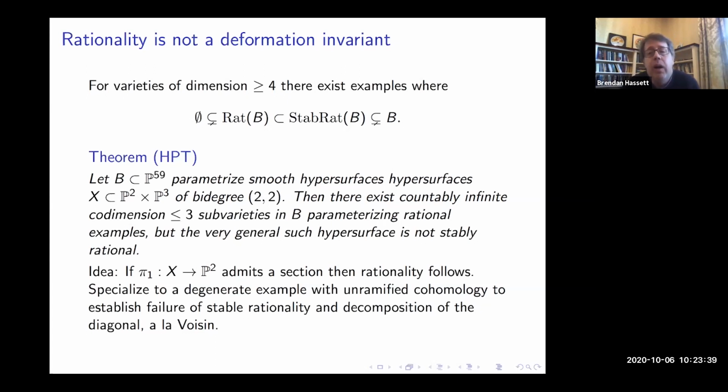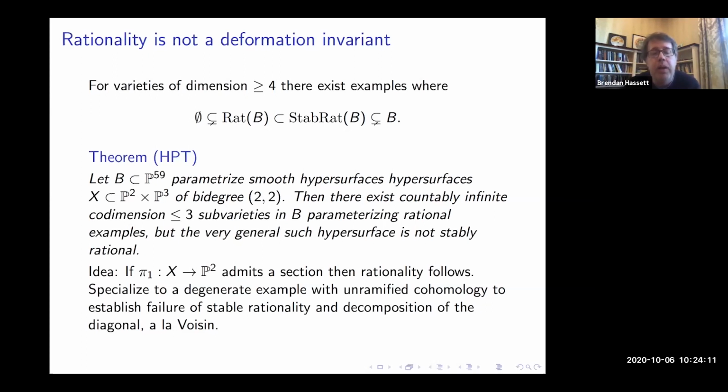So look at all the hypersurfaces in a product of projective spaces, P2 cross P3, that have degree 2 in each set of variables. So you can think of these as being fibered in conics with respect to the second factor, and fibered in quadric hypersurfaces with respect to the first projection. And so the assertion is that there are, in fact, a countably infinite collection of codimension 3 subvarieties in the base of this family that parameterize rational examples.